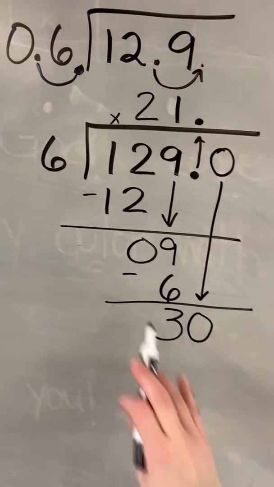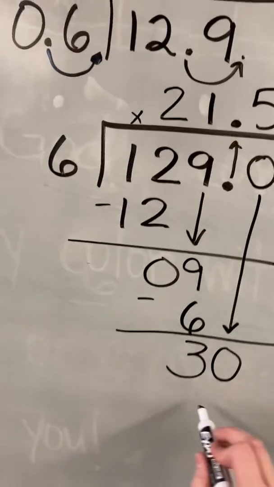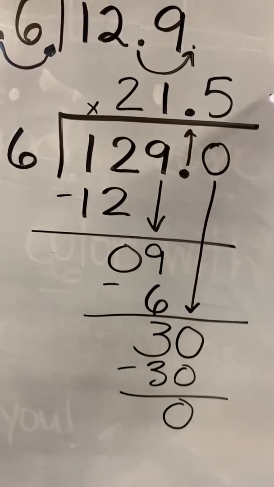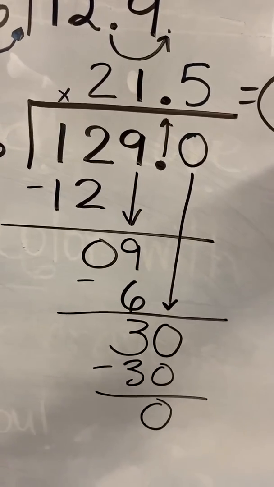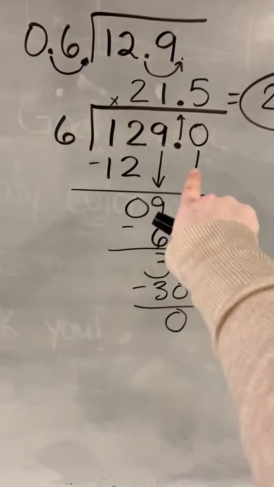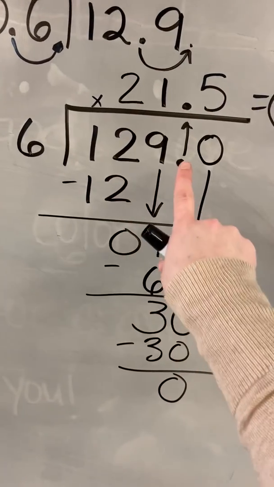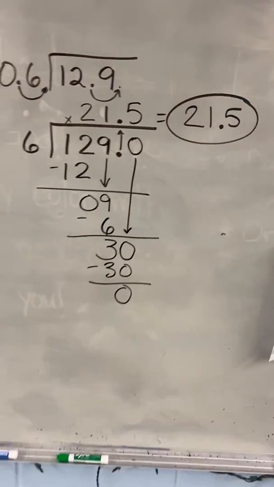And I know 6 goes into 30 nicely 5 times because 5 times 6 is 30. And I'm left with nothing. So my final answer is 21.5. So even sometimes with moving the decimal, and see how it turned it into a whole number, technically, 129, I still needed that decimal because I had to add my 0.